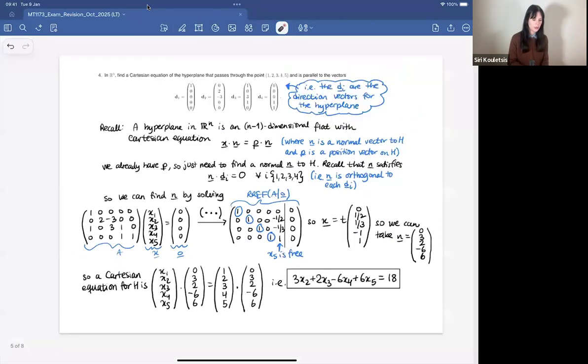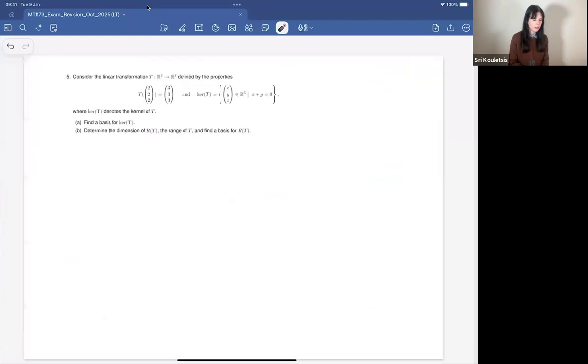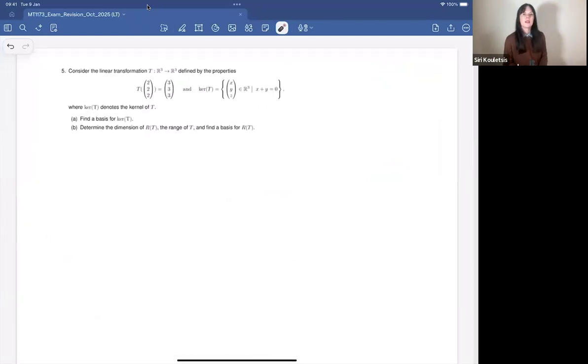Now, on to the next question. So we have a linear transformation T from R3 to R3 defined by the properties that T of the vector (2, 2, 2) gives us the vector (3, 3, 3). And the kernel of T is such that x plus y equals 0.